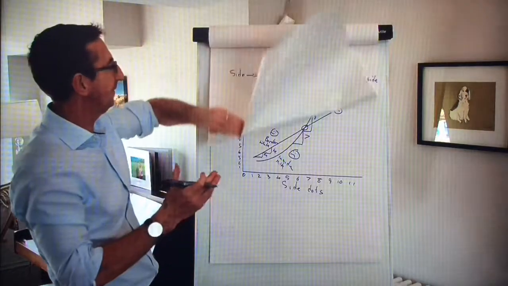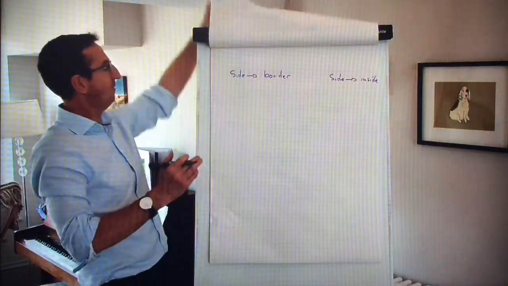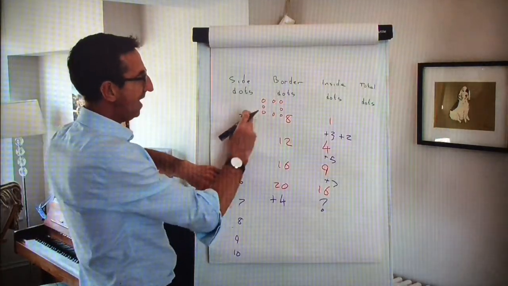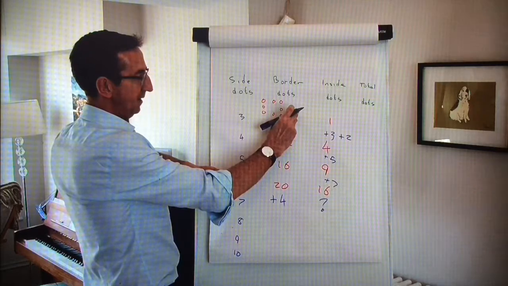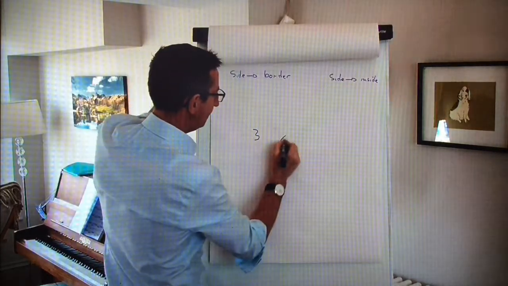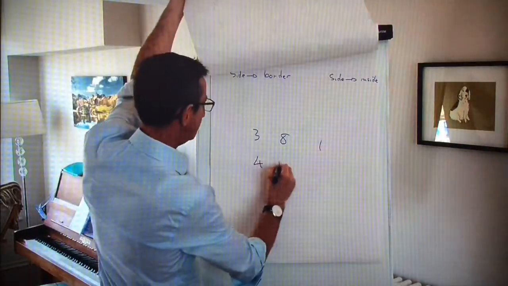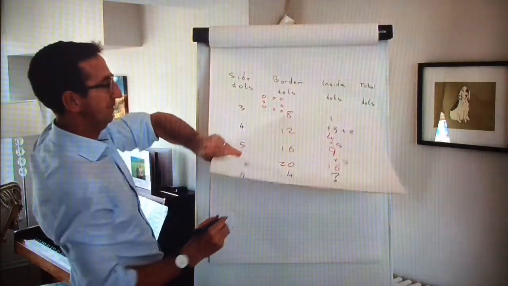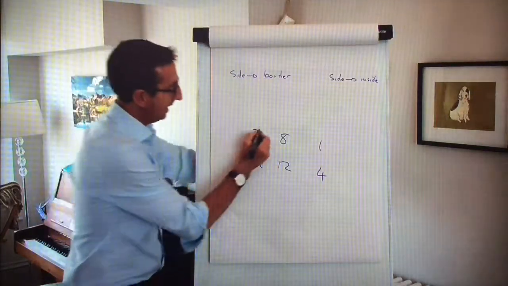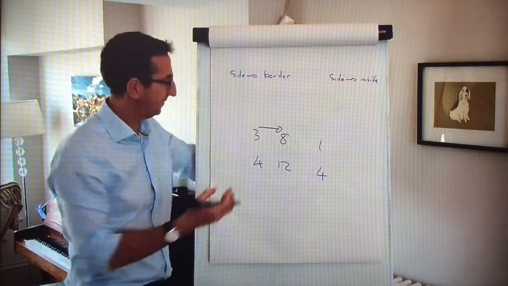In others, it's this lovely exploration where you can say, how can I get from the side to the border? How can I get from the side to the dot? So you've got 3 to 8, 4 to 12. So how can I get from there to there? It's a bit like the ratio lesson on the slides.